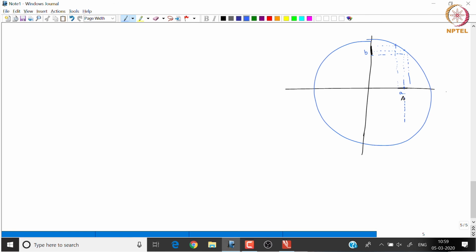So here I can find a point, say B prime, and some area around B prime. This darkened area here I call B, and this one is B prime.